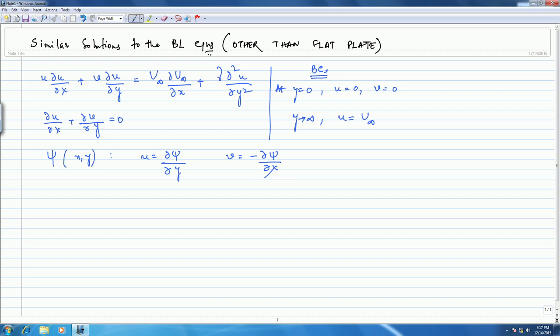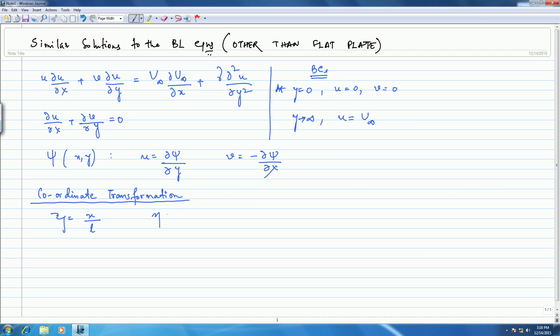Now in this case, we're also going to use a coordinate transformation, such that zeta is x by L. Which essentially means that if x goes from 0 to L, then zeta will go from 0 to 1.